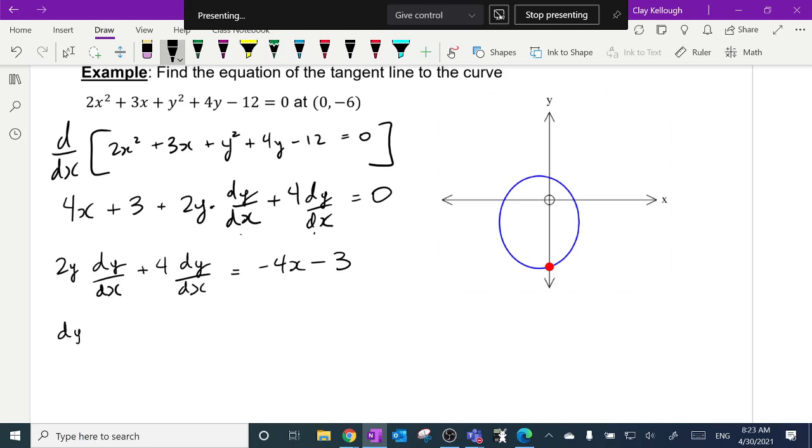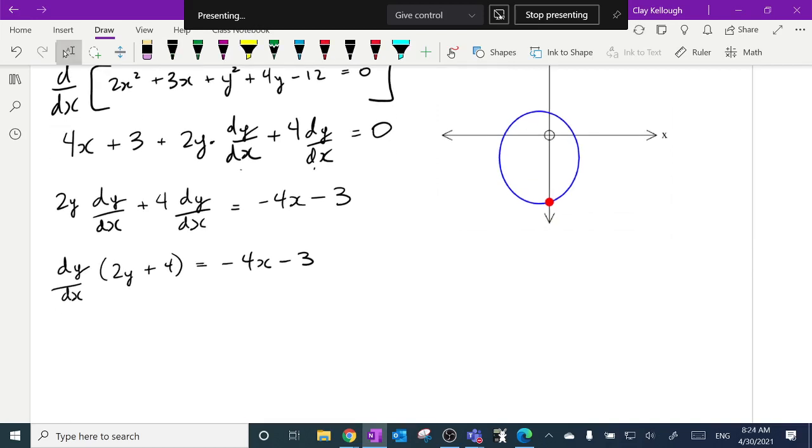I'm going to factor dy/dx out of here. And then I'm going to divide both sides of the equation by 2y plus 4, sorry, 2y plus 4, not 2x plus 4. And there we go. I now have an equation for the slope everywhere around that ellipse.